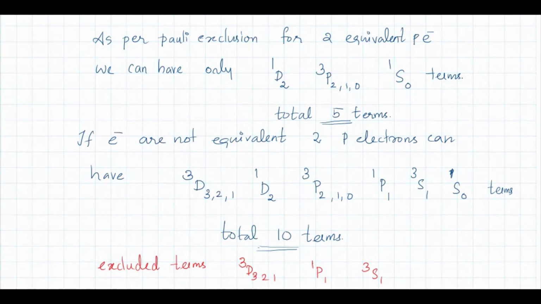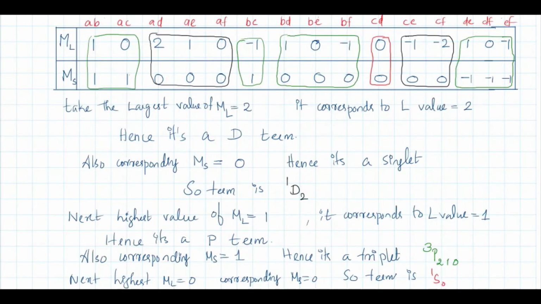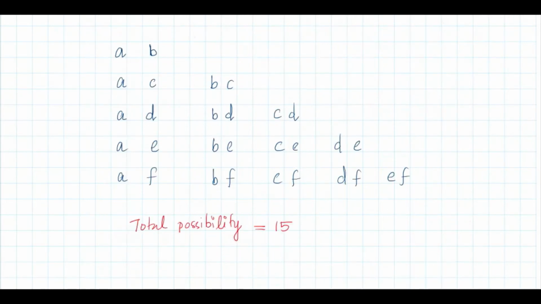Now I will explain an alternate method to find the possible spectral or spectroscopic terms in the case of equivalent electrons, because this procedure is a little bit difficult. This is not much difficult because it is a 2p electron.